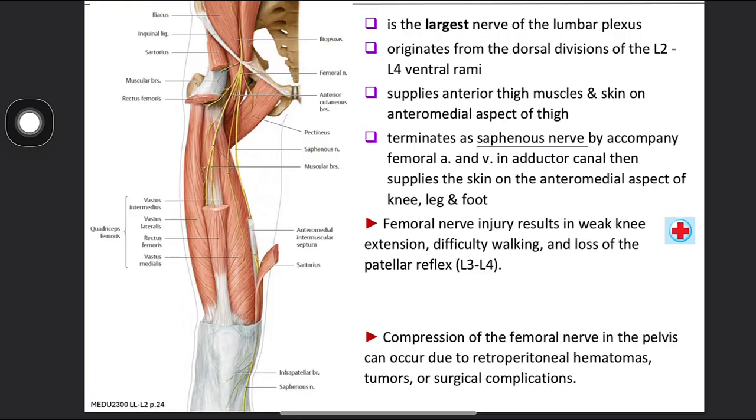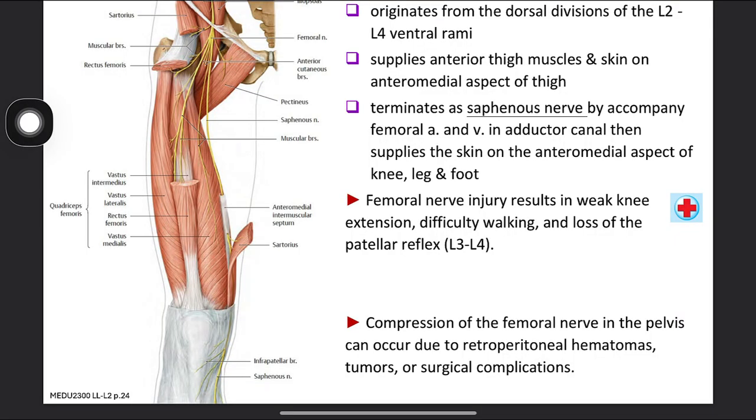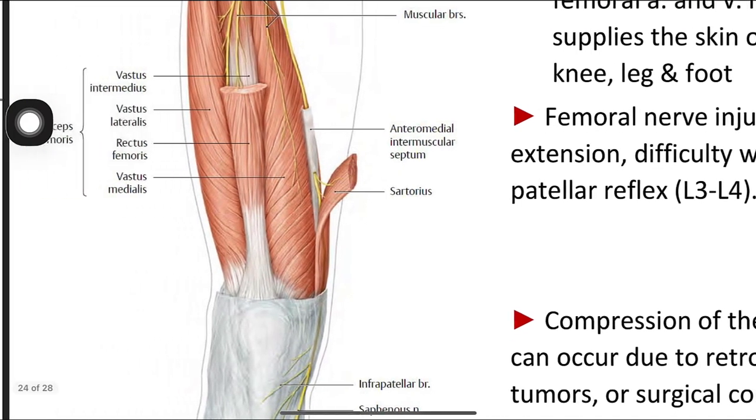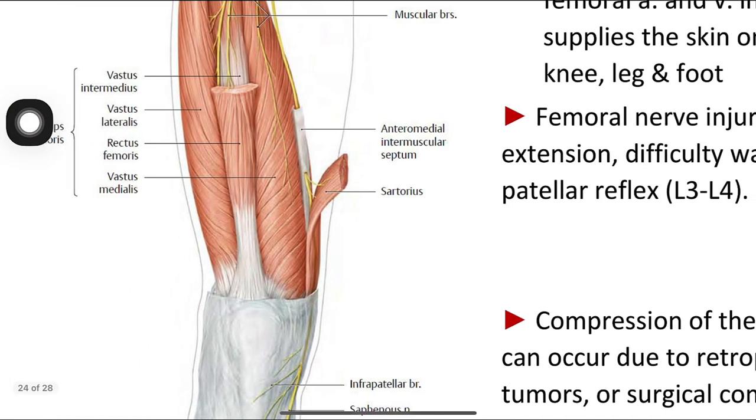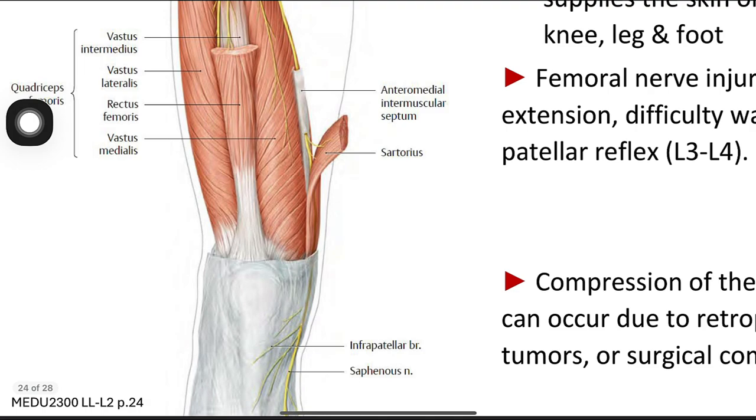Can you see that? This one. Let me show you first. This one, you see, this is the saphenous nerve. It supplies the cutaneous sensation of this region.